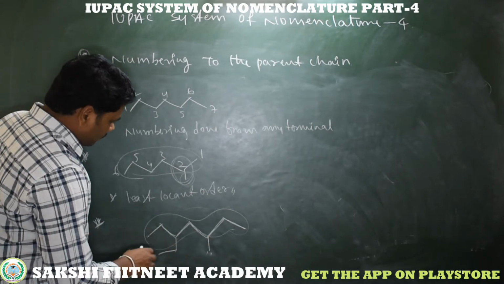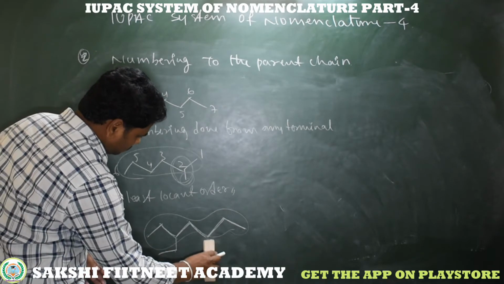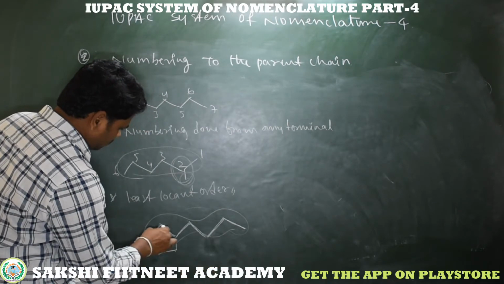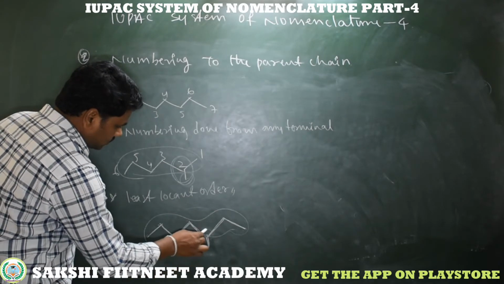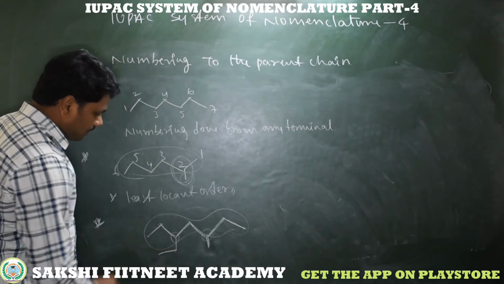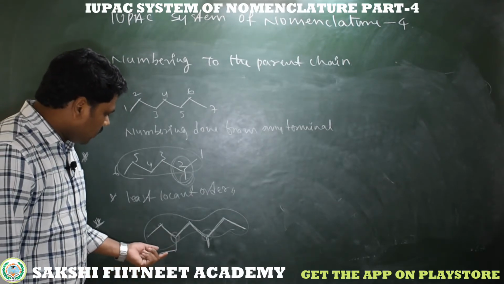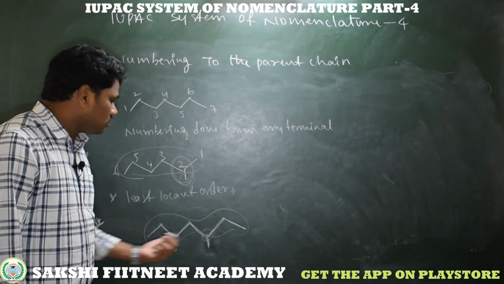So here we have substituents at 1, 2, 3. Okay, I am taking here only. See here, the substituent is at the third place, and from this side also at the third place. That means the molecule has substituents that are equidistant from both terminals.